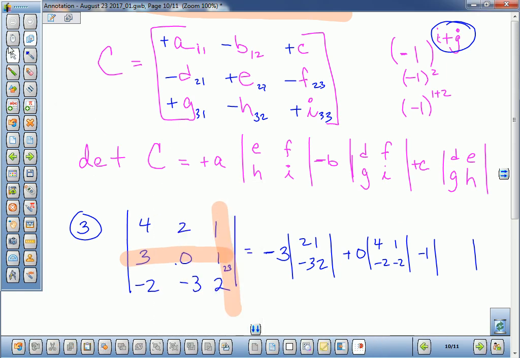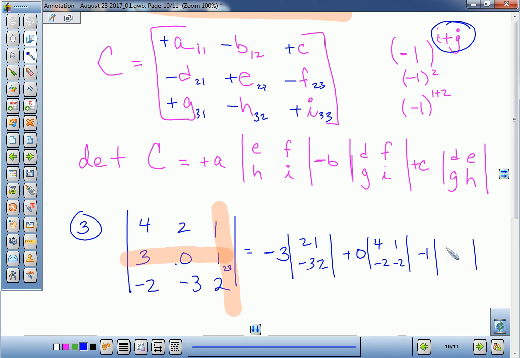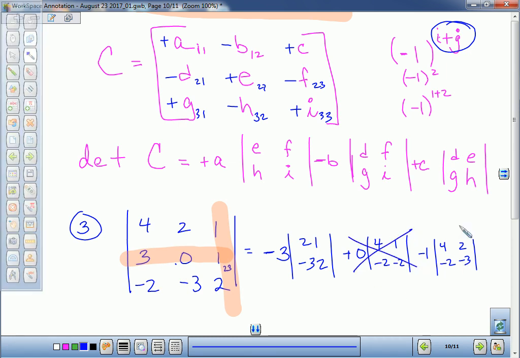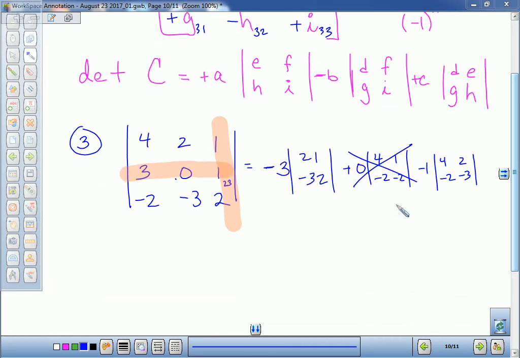And then finally, what is the remaining? 4, 2, negative 2, negative 3. In this case, we don't even have to do that because it's 0 times something. So here, this becomes negative 3 times 4 minus negative 3. This is negative 1 times negative 12 minus negative 4.